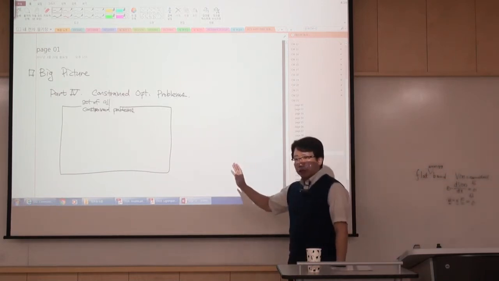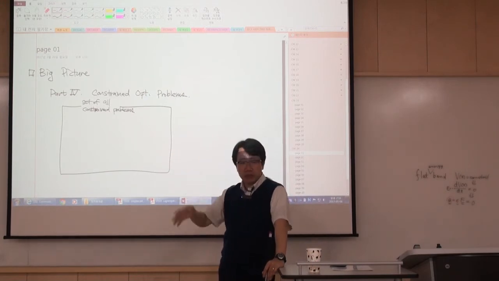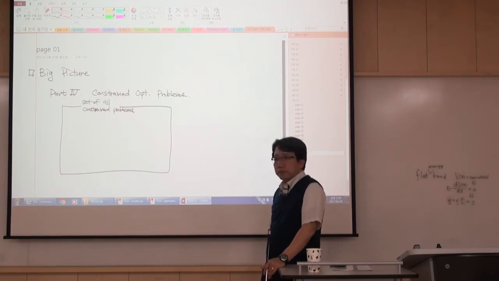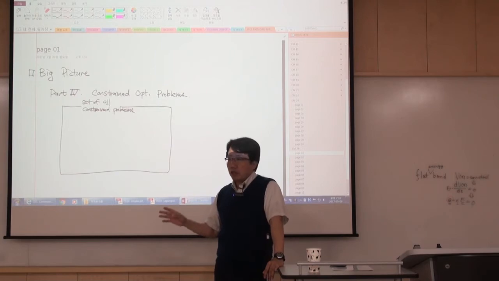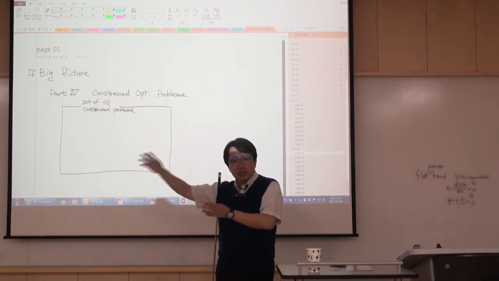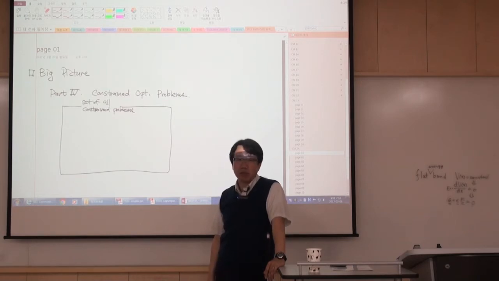Among them, there are linear programming problems, as you've seen the last few weeks. Also, there exists a next class, a little bit more complicated than linear programming, the so-called quadratic programming problems.